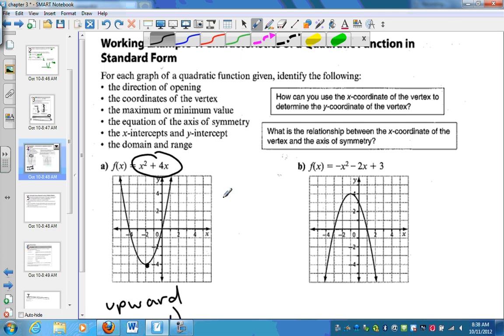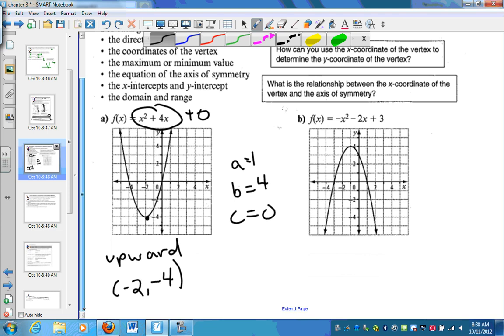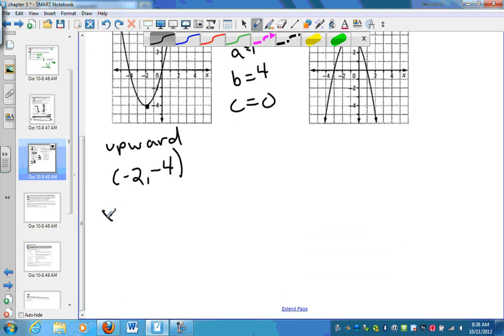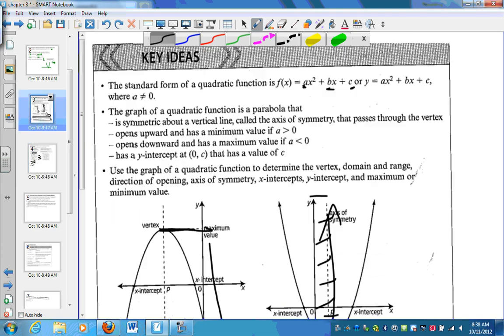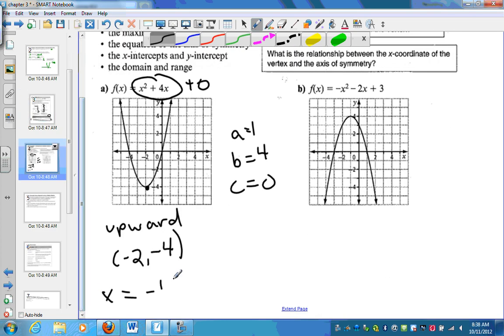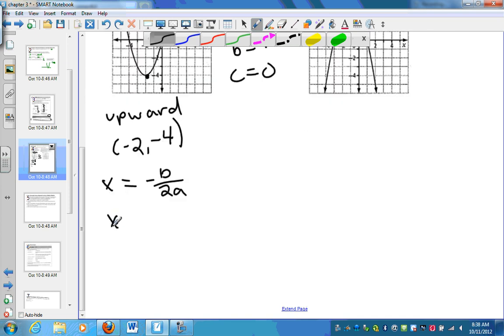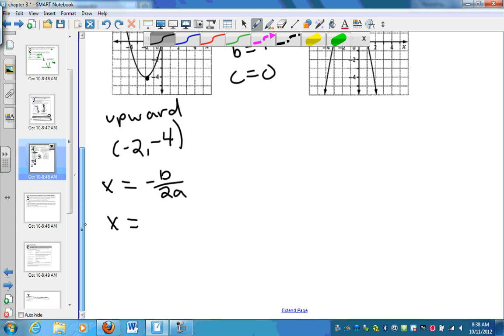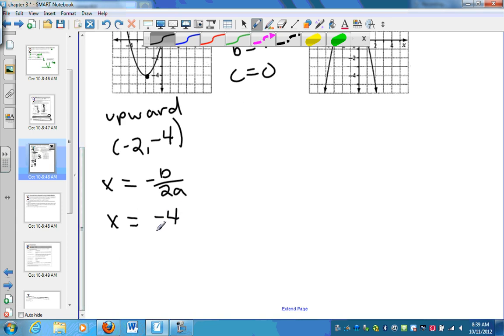So here, my a value is 1, my b value is 4, and my c value is 0, because it's like there's a plus 0. So let's sub in our value of b. b was 4, so it's negative 4 over 2 times a, which was 1. So this is equal to negative 4 over 2, which is in fact negative 2.